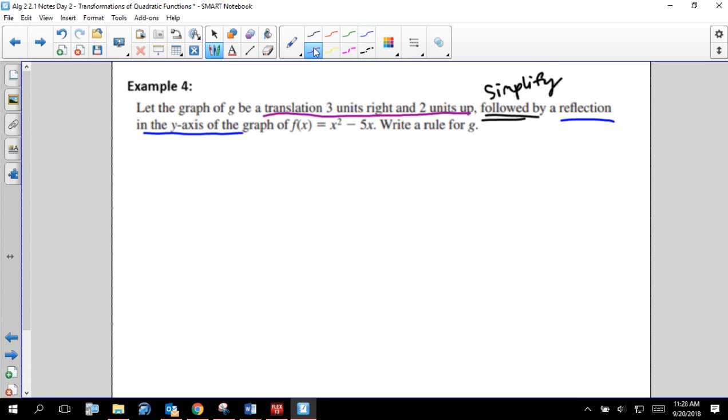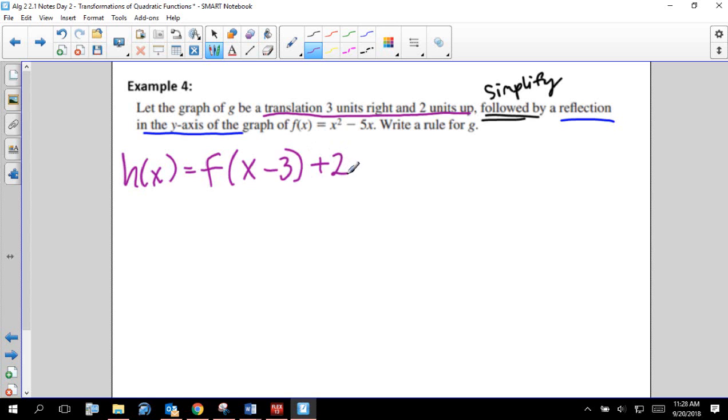So we will start with h of x. H of x says, translate 3 units right and 2 units up. 2 transformations, one is horizontal, one is vertical. Horizontal goes inside of the function. So we do whatever our function is. 3 units right is going to be x what? Minus 3, we do the opposite. And then outside of the function, plus 2.